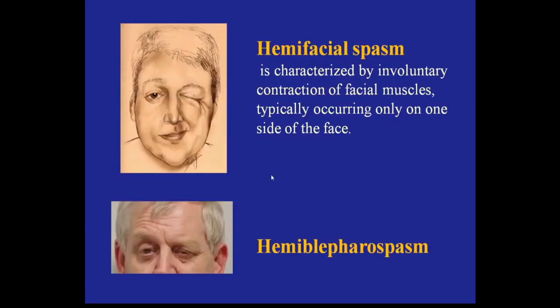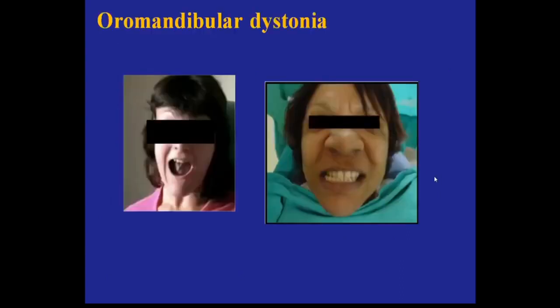Other examples of focal dystonia: hemifacial spasm, characterized by involuntary contraction of facial muscles, typically occurring only on one side of the face. Maybe hemiblepharospasm, another example of focal dystonia. Example of another type of focal dystonia: oromandibular dystonia.